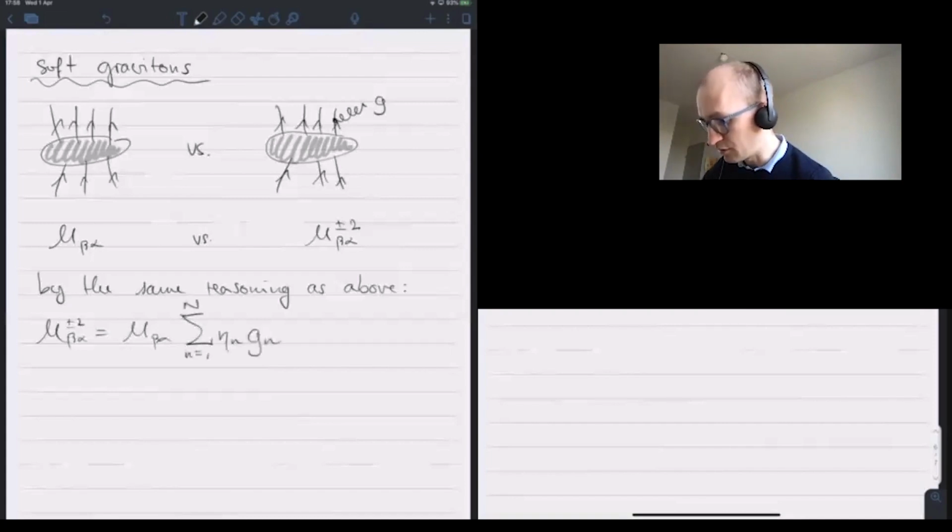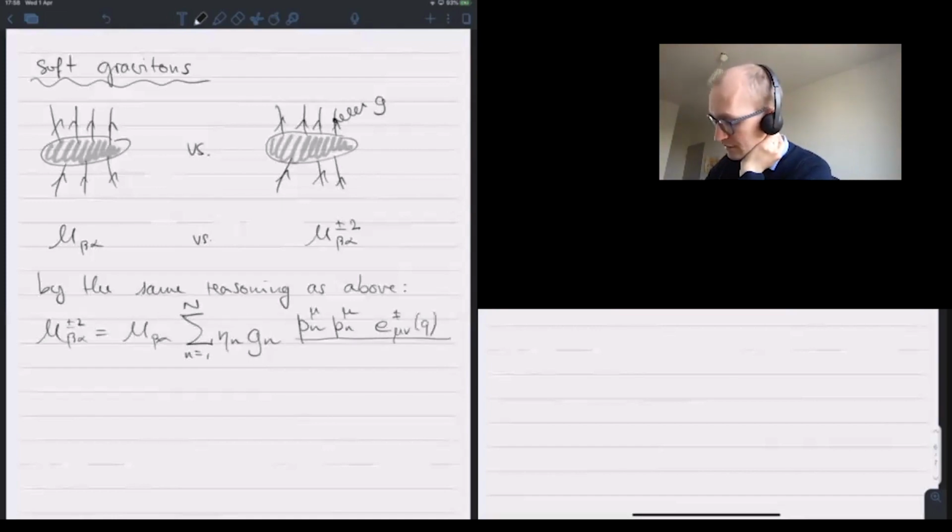I'm summing over all in and out particles. And now see, it's just the numerator which is modified. It gets this extra momentum factor. We always had 2 of these, and that was necessary because we needed to saturate 2 indices in the polarization tensor.